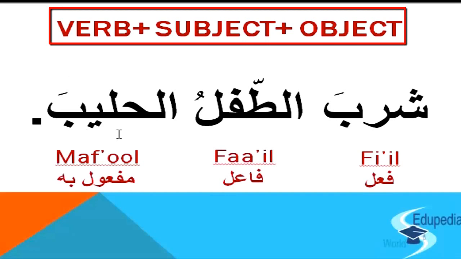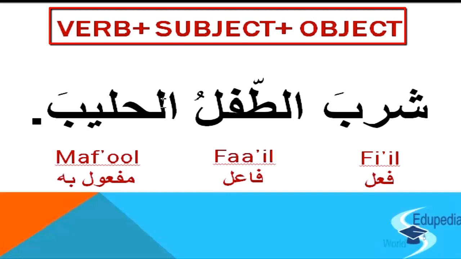For the vowel on the last letter of the object, if it is singular definite, singular with L, you have to put one single fatha. If it is singular indefinite, you have to put double fatha.